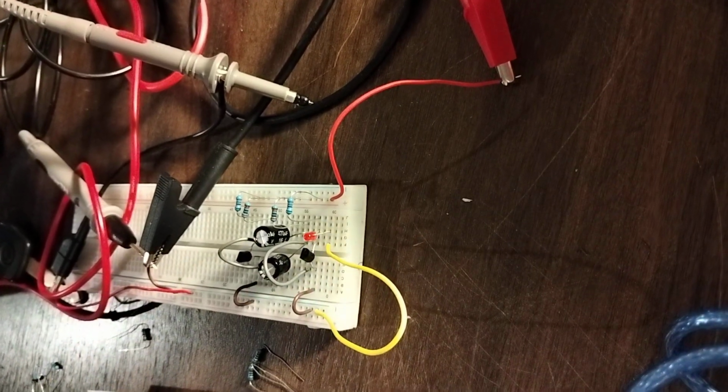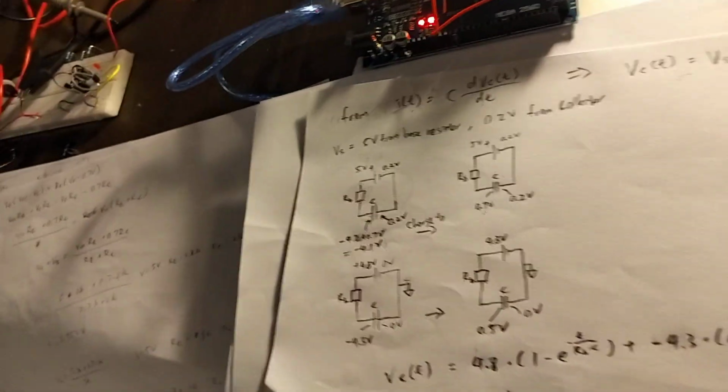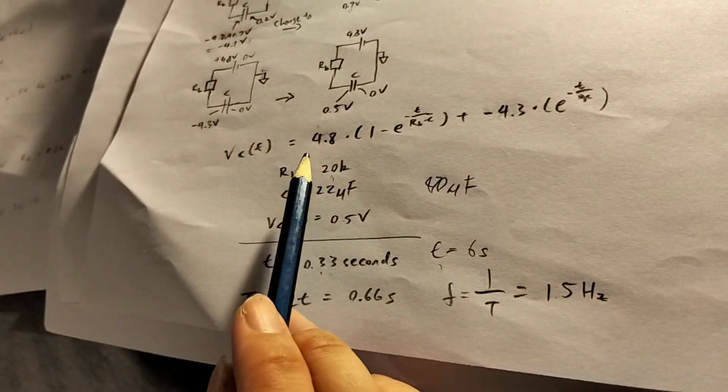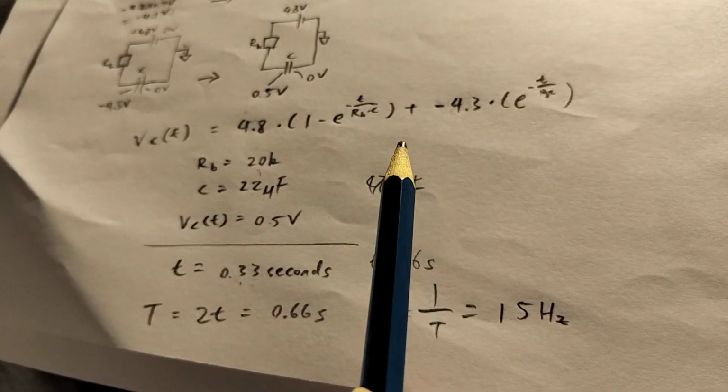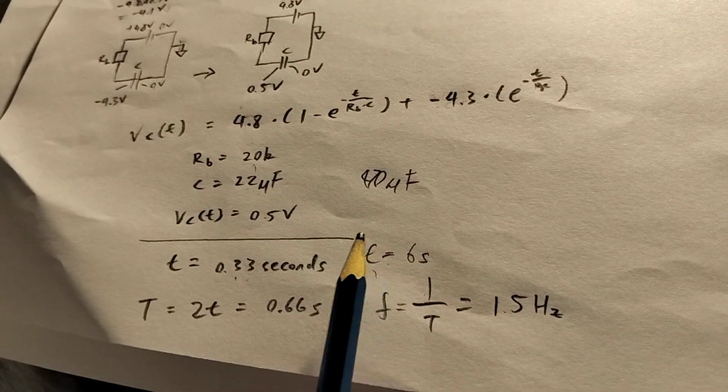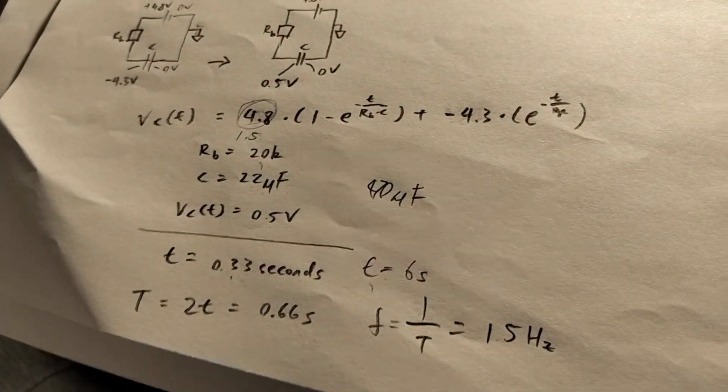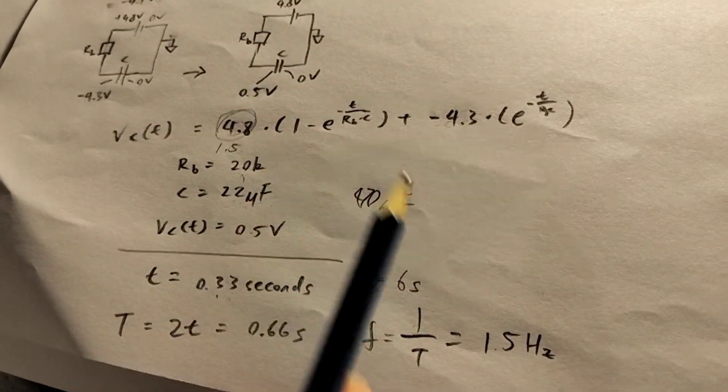So that's why the charging time is so much less, because instead of 4.8 volts being the voltage supply, it's essentially 1.5. That's why it drops so much.